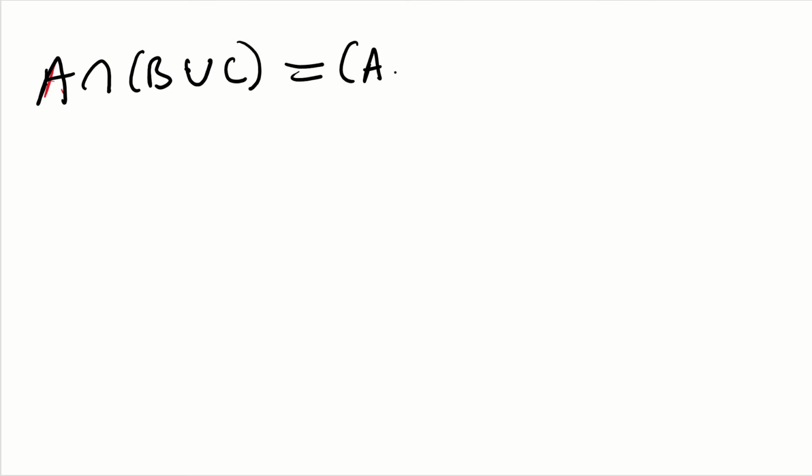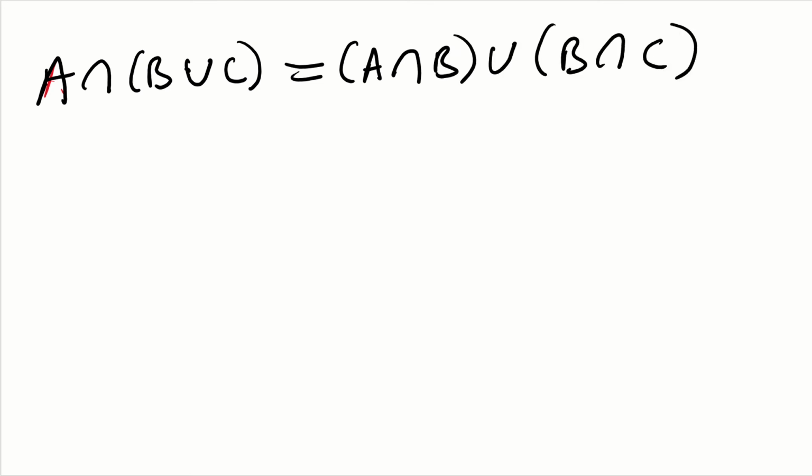We have A intersection (B union C) equal to (A intersection B) union (A intersection C). This is one of the distributive laws, and we are going to try to prove it using a subset argument.